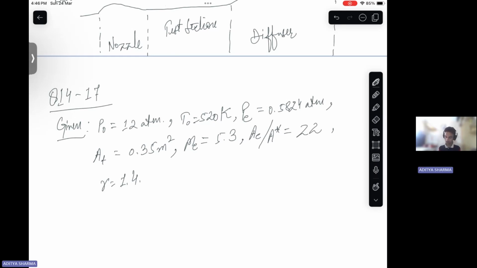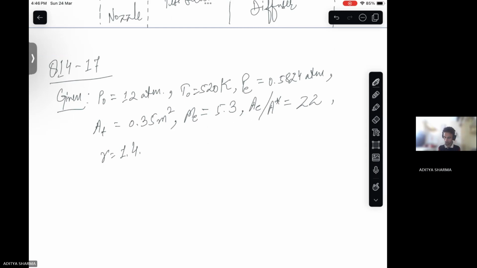So if you try to solve question number 14, A exit by A star is 22, right?